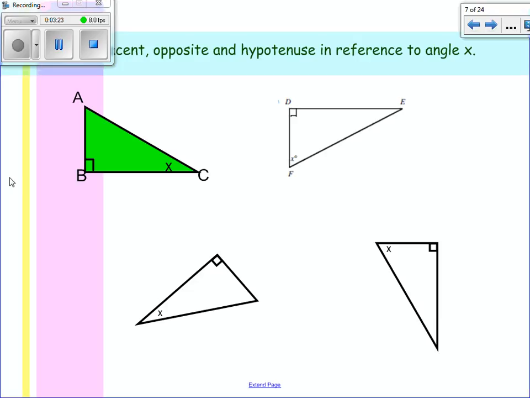On this beautiful page here, I want you to label all your triangles. Hypotenuse, opposite, adjacent. You can do it with just 3 letters. You don't actually have to write it all out. So I did the first one up here.